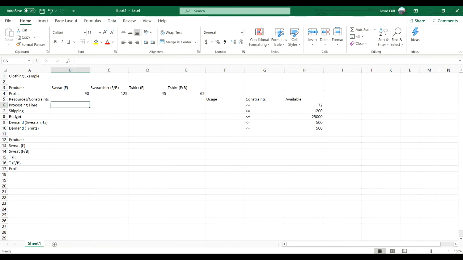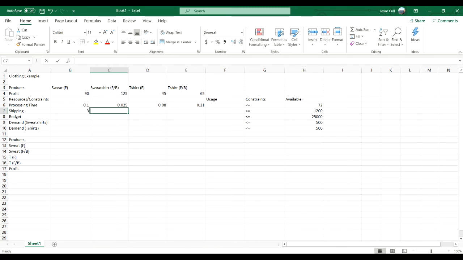First is processing time. So we see that a sweatshirt with the front is 10% of an hour, sweatshirt front and back is 2.5% of an hour, a t-shirt is 8% of an hour, and a t-shirt with the front and back is 21% of an hour.